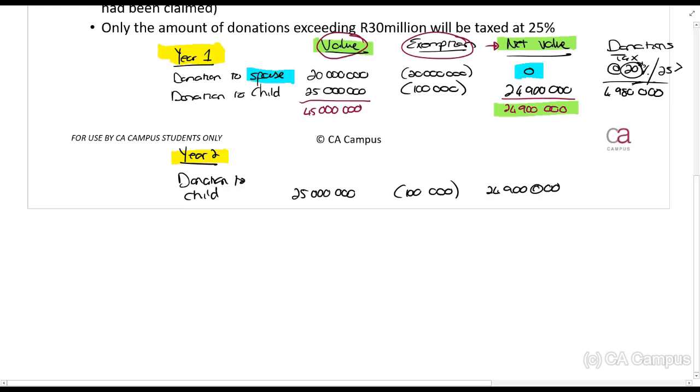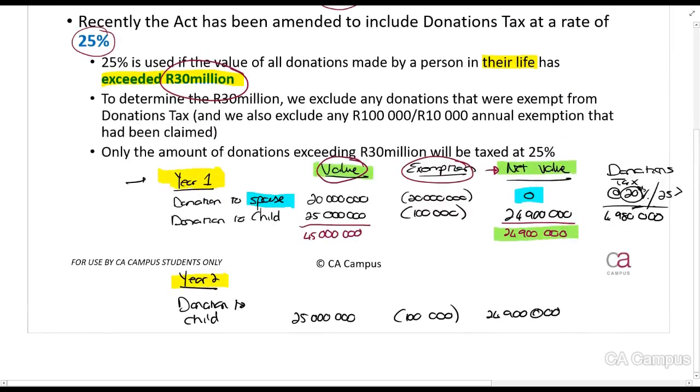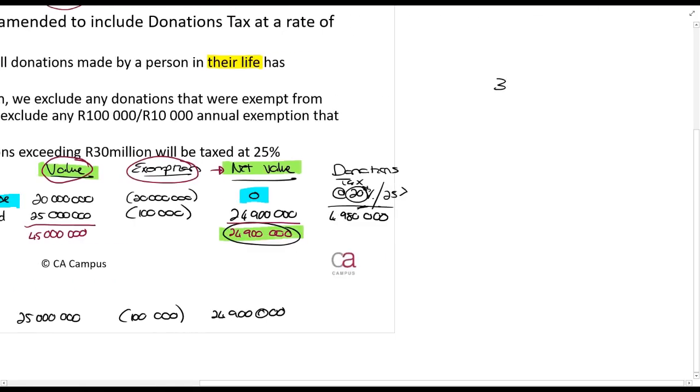Now, this is a lifetime calculation, so this could have been across a number of years, but understand that we look at everything we've done so far. We've had a total of 24.9 million. The threshold is 30 million, so we've already taken into account 24.9 million. It means that we have 5.1 million left.